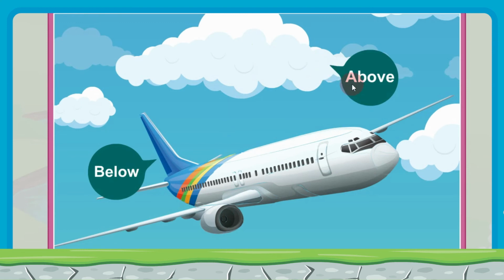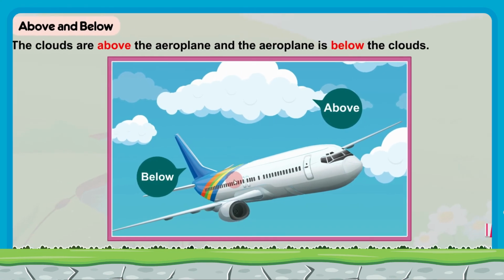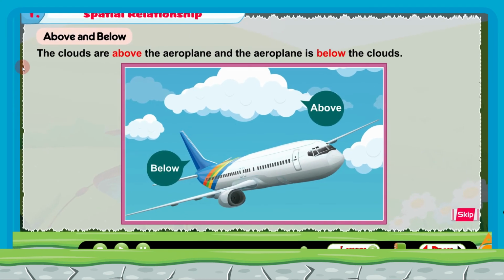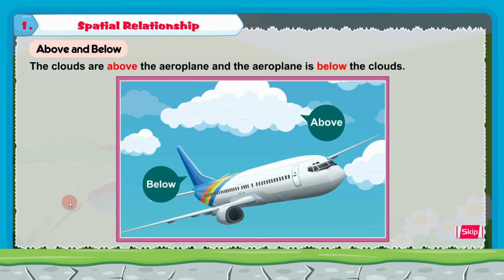Yes, above, A-B-O-V-E, above. Below, B-E-L-O-W, below. The aeroplane is below the clouds and the clouds are above the aeroplane.